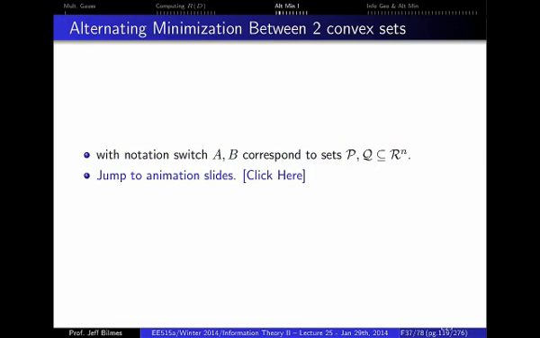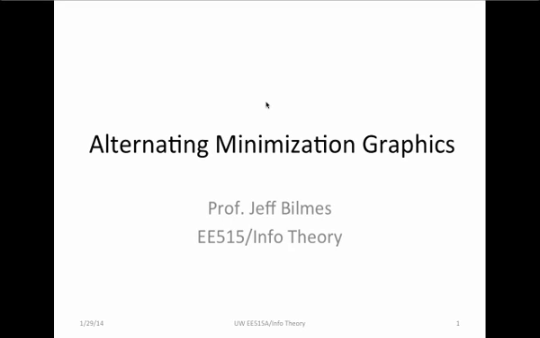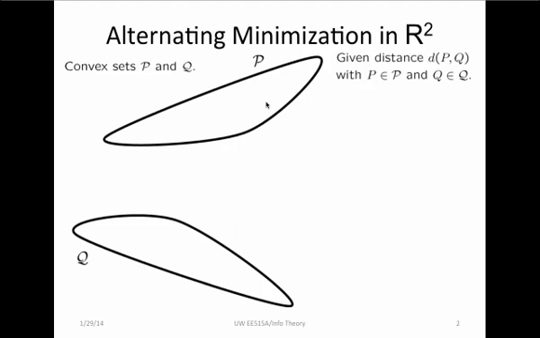So here's where we jump to the animation. This is the alternating minimization graphic. I'm not touching the iPad now, I'm touching PowerPoint. So basically we've got these two convex sets, and we have some distortion or distance d of P, Q. We might choose a P in script P and Q in script Q. We start off by choosing some Q naught inside of Q, which is down here.